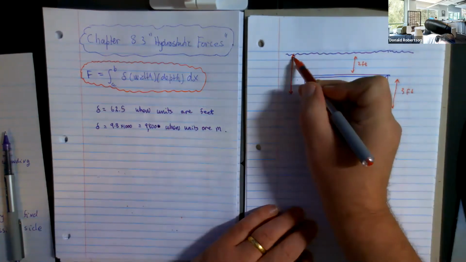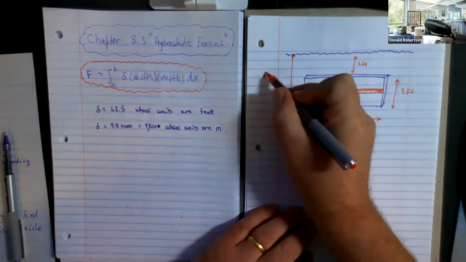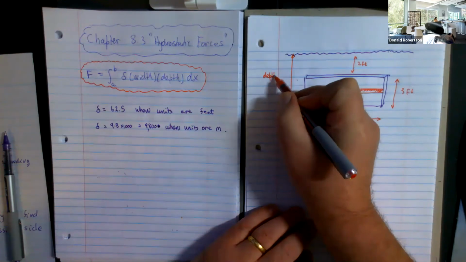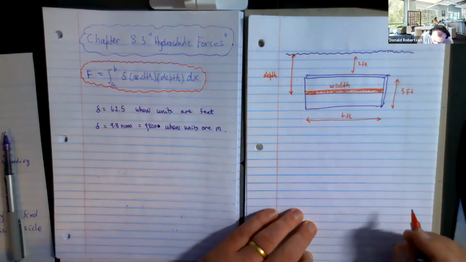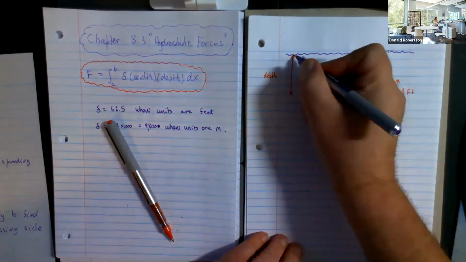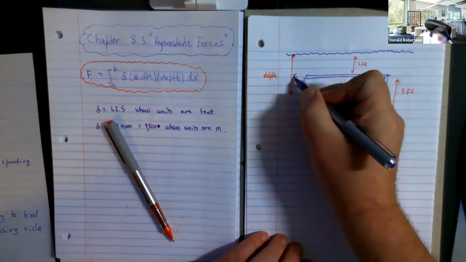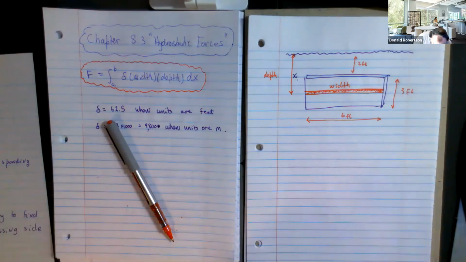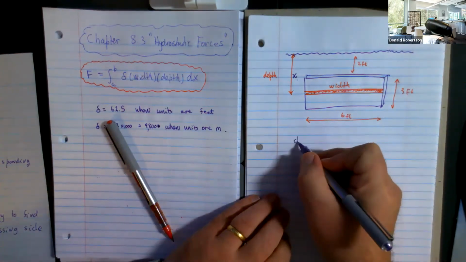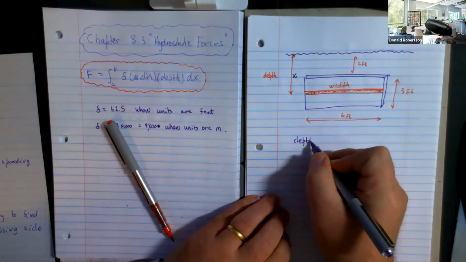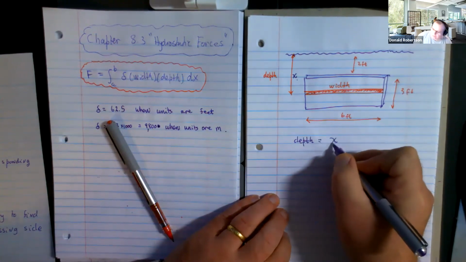And the distance from there to there is what we'll call the depth. Now, the only thing we don't know really as a number is that, and I'm going to call that x. So in this question, the depth is just x.